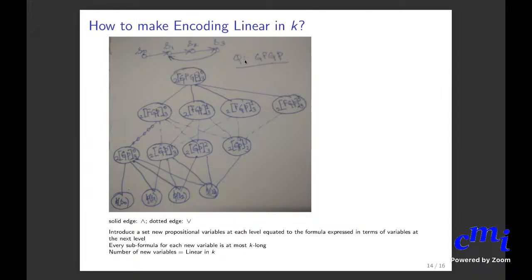Okay, the first level is invocation on the entire formula, the LTL formula. The second layer is the recursive invocation of the translation operator for the sub-formulas at the next level, that is F of G of P. And depending upon what the temporal operator is, there'll be either a conjunction or a disjunction.